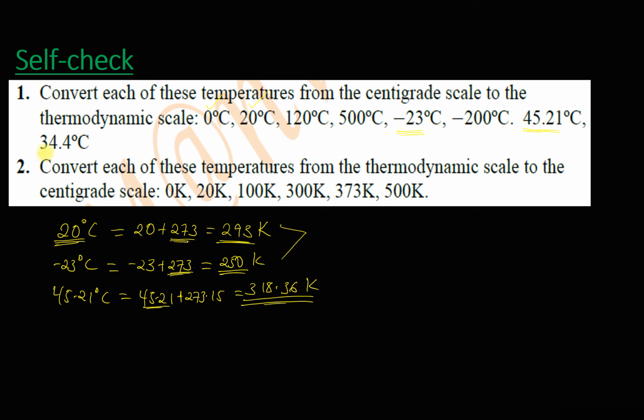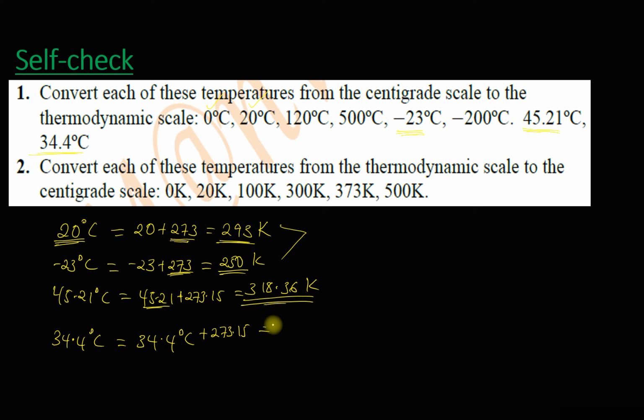If we are to convert 34.4 degrees Celsius, then because they have given us a decimal number, we are going to use 273.15. So this would be 34.4 degrees Celsius plus 273.15, which gives us 273.15 plus 34.4.